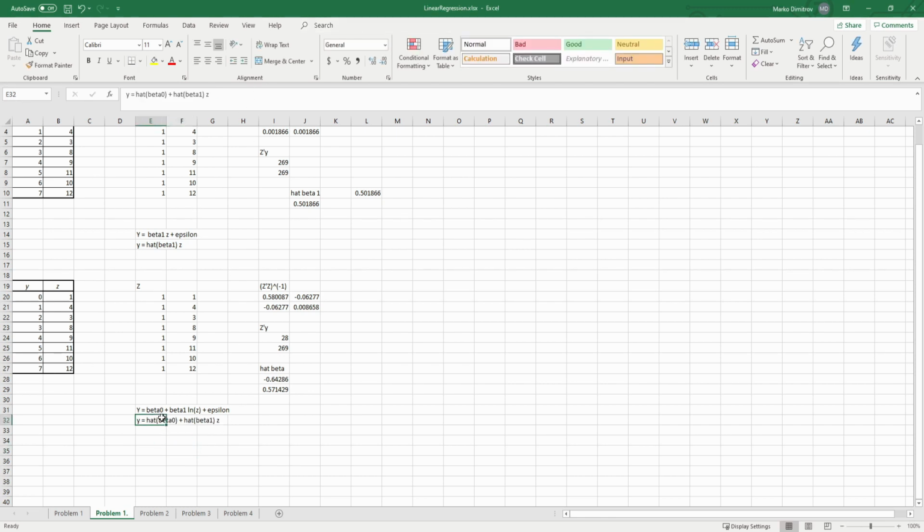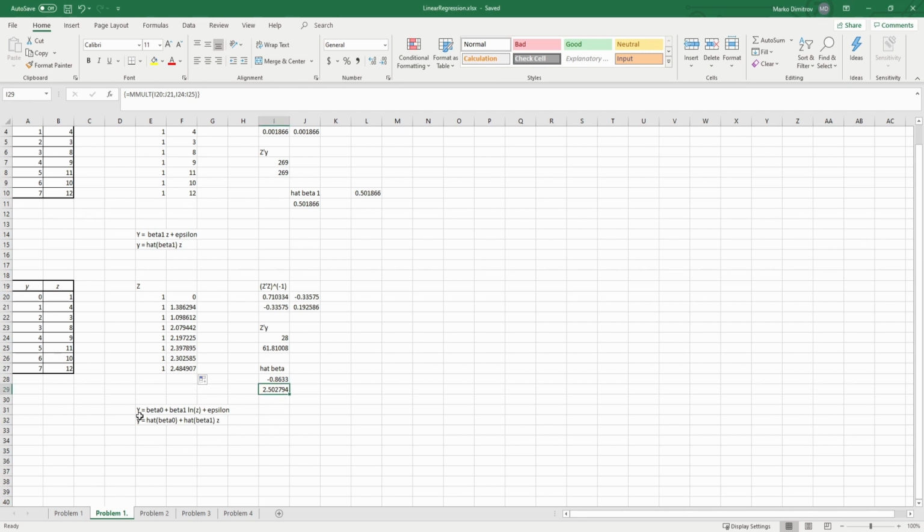Instead of the values z, we need the natural logarithm of z, right? Those are our values, and the estimate will automatically change because we only need to change those values. So we get our hat beta 0 and hat beta 1 the fast way.